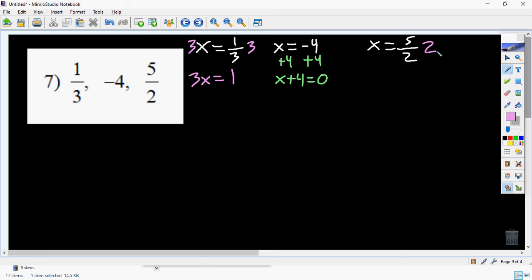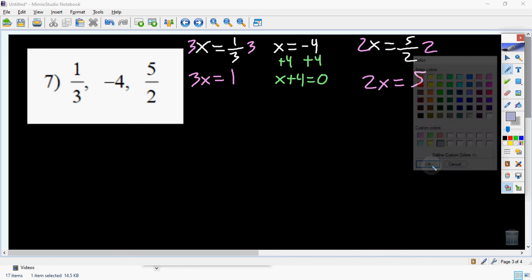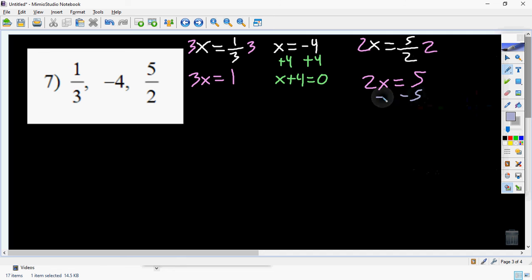And over this side, multiply by 2, giving me 2x equals 5. And then I want to still set them equal to 0. So I'll subtract 5 from both sides, giving me 2x minus 5 equals 0. And over here, subtract 1. 3x minus 1 equals 0.